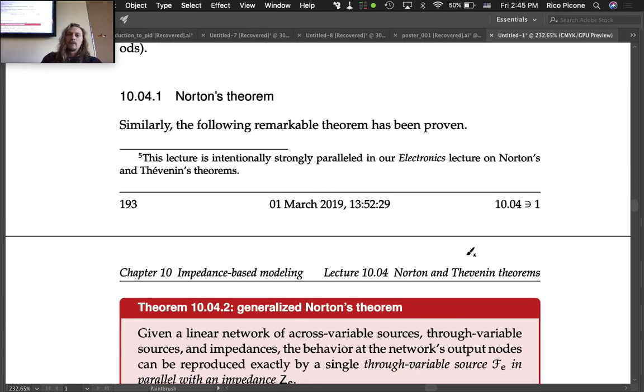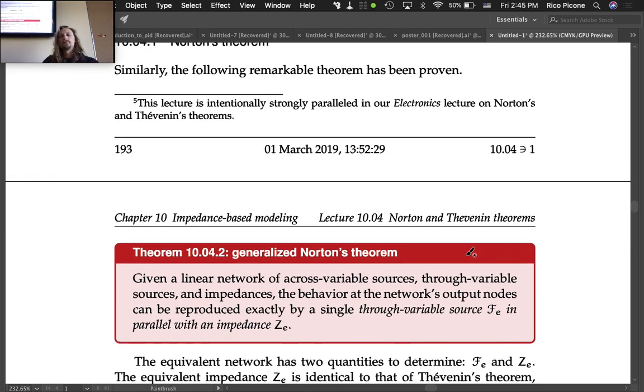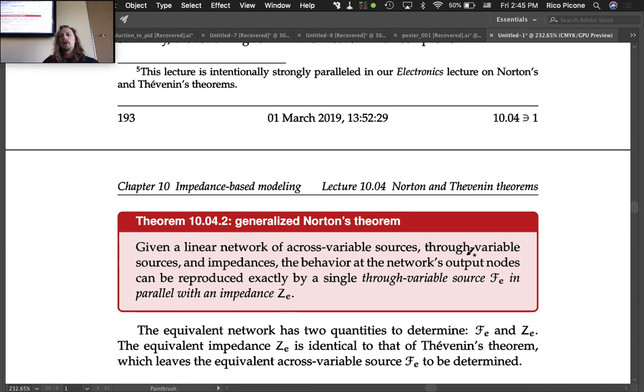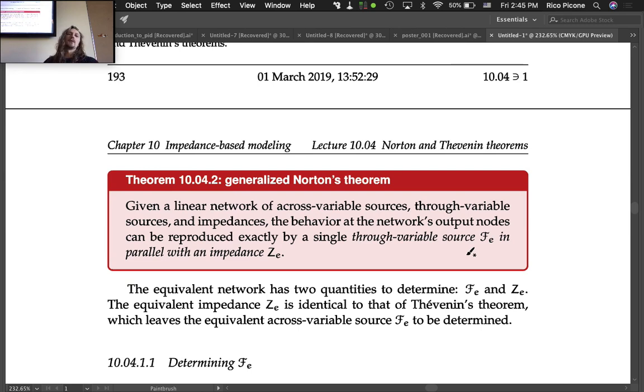The Norton theorem says, given a linear network of across variable sources, through variable sources, and impedances, the behavior at the network's output nodes can be reproduced exactly by a single, so this is exactly the same as Thevenin so far, but this time it's a through variable source, FE, in parallel with an impedance, ZE.